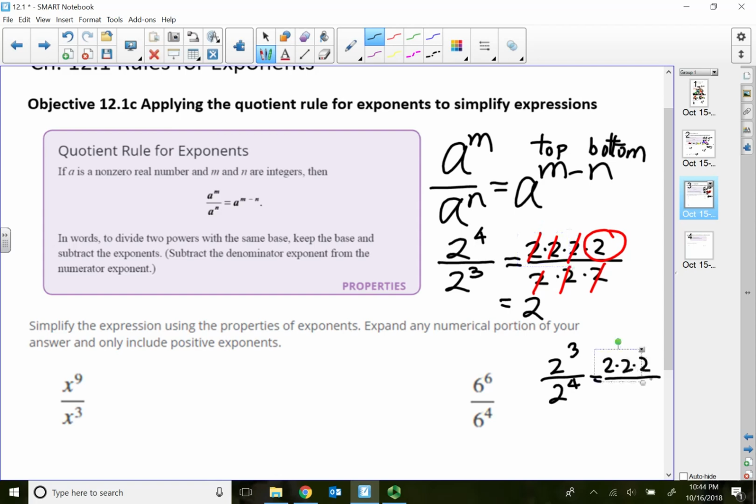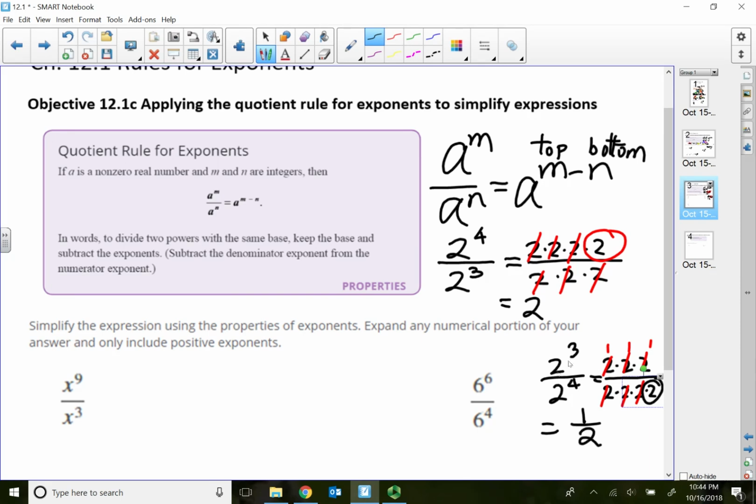So what should be left on the top? Remember, when we're reducing a fraction, if everything gets canceled out, it all becomes 1. So 1 times 1 times 1 is 1. I have one extra 2 in the bottom. That's why my answer is a half.